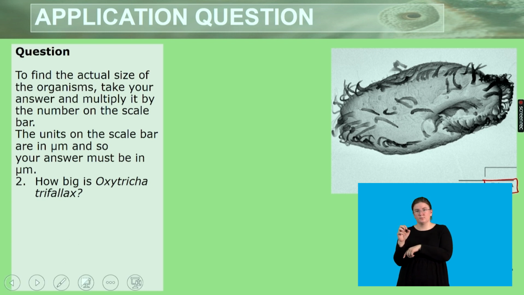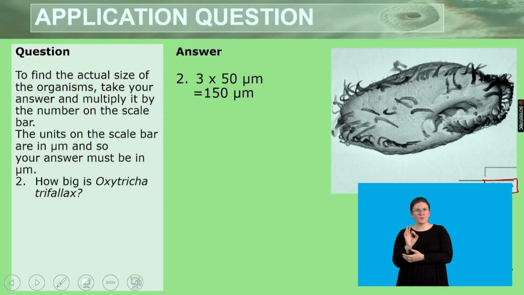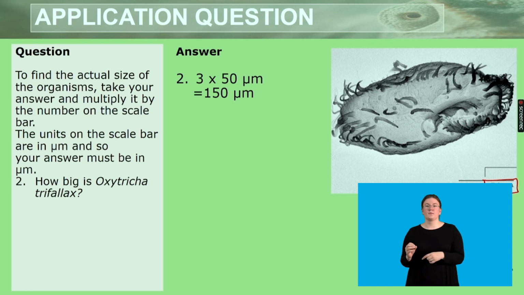Our answer from the previous question was 3. So we are going to take that 3 and multiply it by 50 and then add the unit of measurement for the microorganism, which is micrometers. When we punch in 3 times 50, that will give us 150 micrometers.